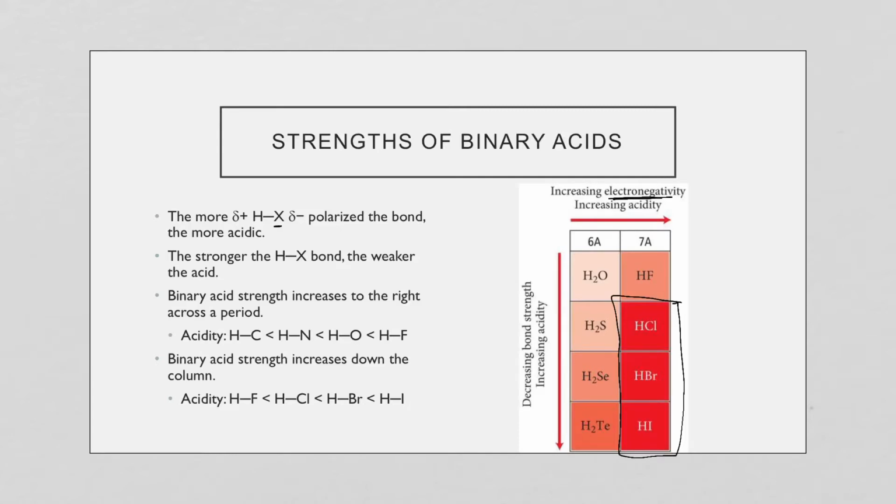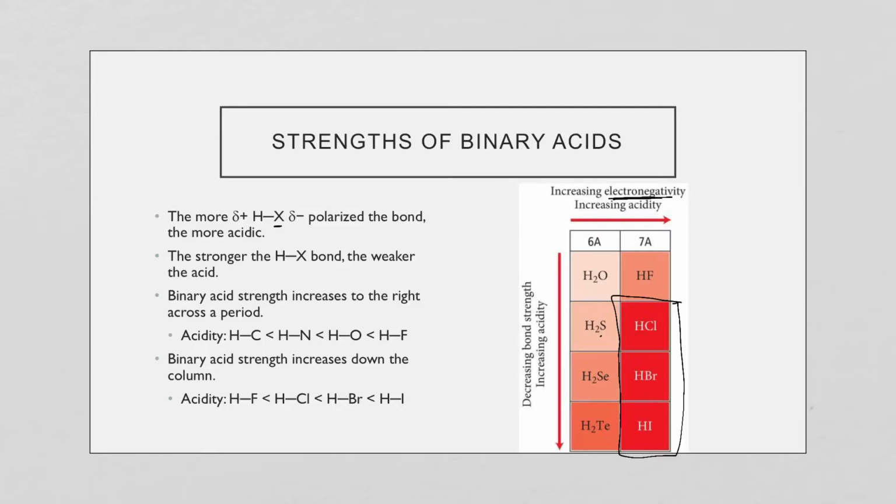And so whatever that non-metal is, the more electronegative it is, meaning the more it pulls electrons away from the hydrogen, that's going to allow this bond to become more and more polarized. And when that bond is more polarized, it becomes easier to break, right? And so as we go from group 6 to group 7, where your nonmetals get more electronegative, we see that the acid gets stronger because that bond is becoming more polarized and easier to break.